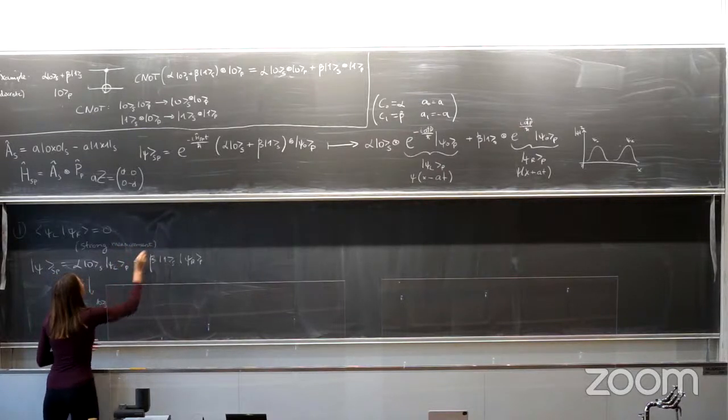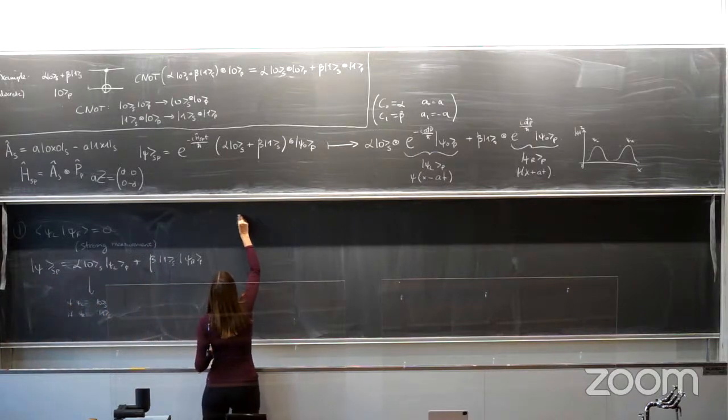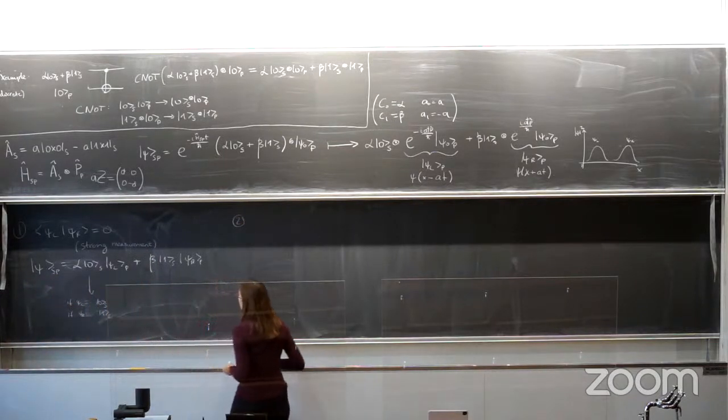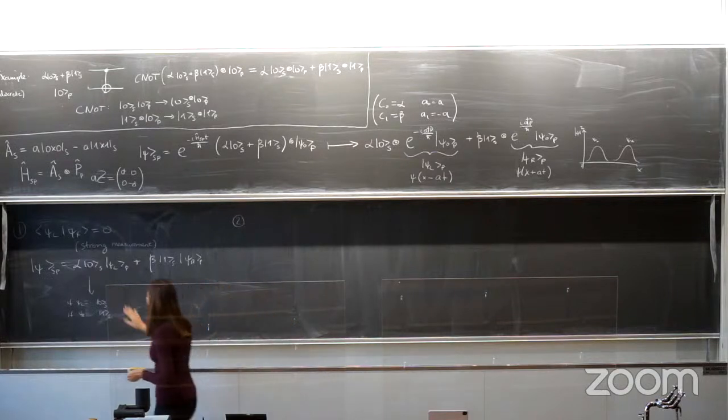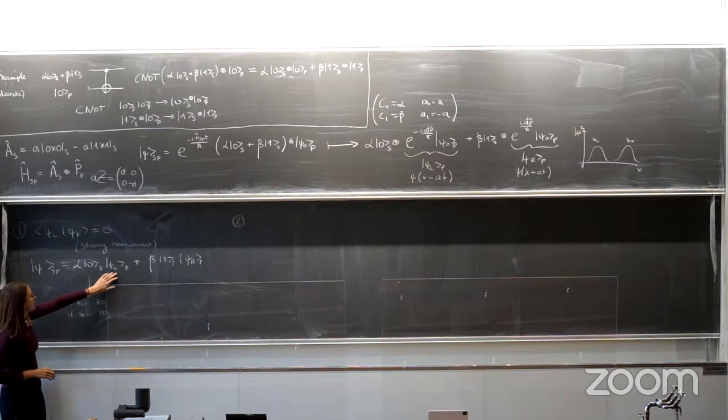And so there is a way out of this, which becomes evident if you look at how the state looks. Basically what we have here is the sum of these two terms.